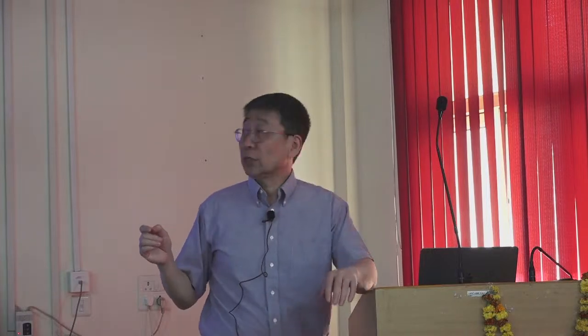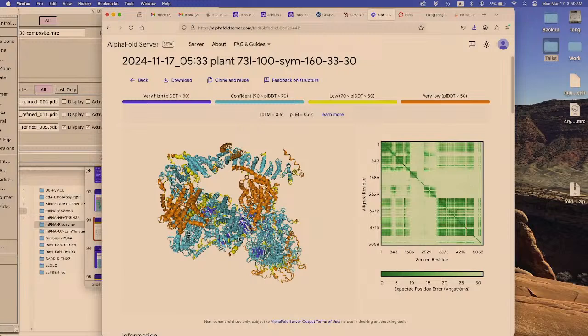Oftentimes the story comes together, and we have certainly published papers where we show the AlphaFold model and biochemistry together. That's the example I just showed you. By the time the paper was published, we didn't have an actual structure yet, so we published the AlphaFold model. Since then, we have determined the structure using cryo-EM.